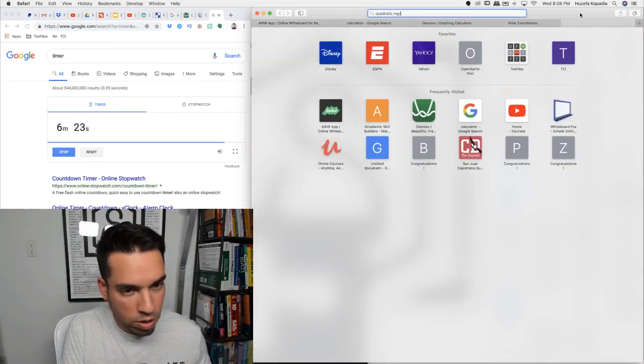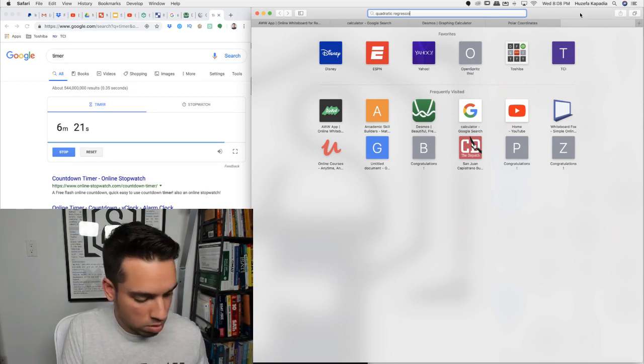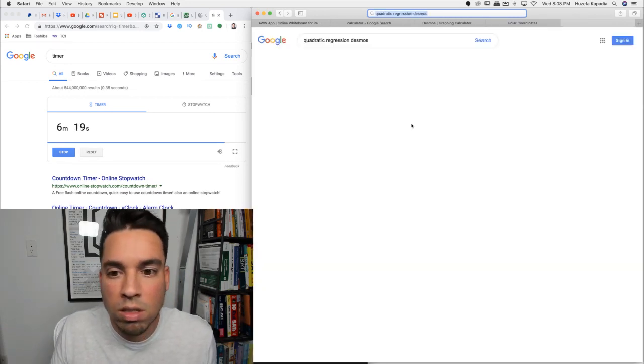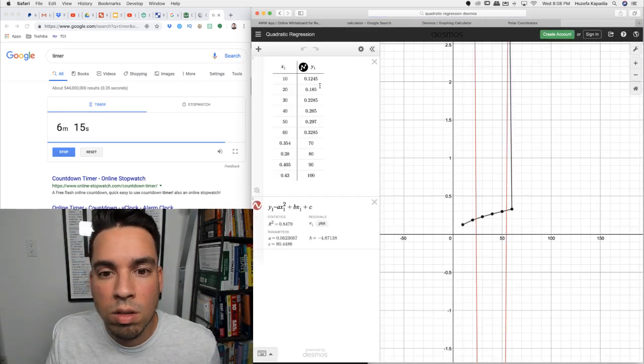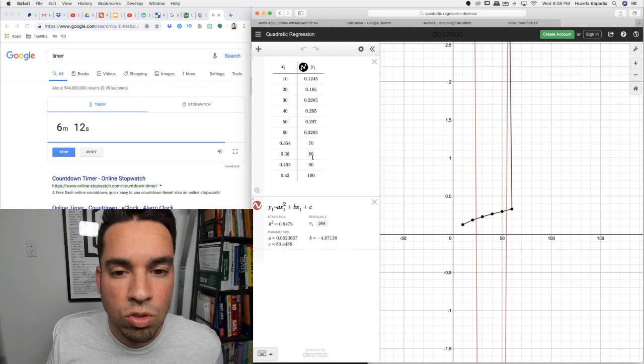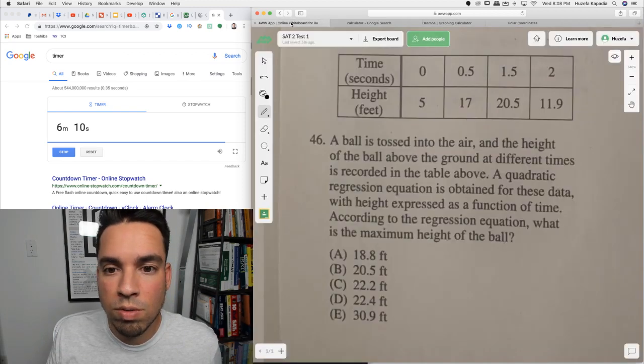How do you do a regression in Desmos? Let's see. Quadratic regression Desmos. Otherwise, I'd be totally guessing. Oh, wait. Maybe this will work. Okay.